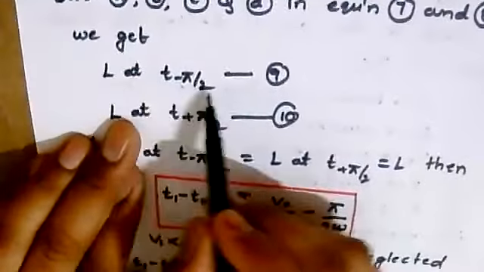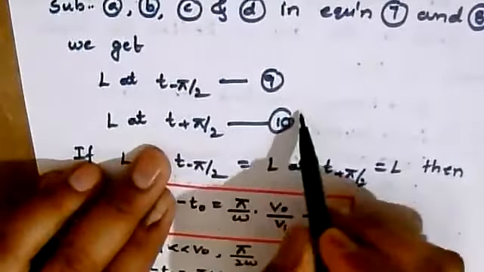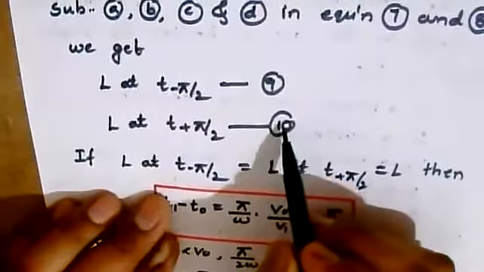Once after substituting and simplifying, we'll get the value of L at t minus pi by 2, which will be equation 9, and L at t plus pi by 2, which will be equation 10.